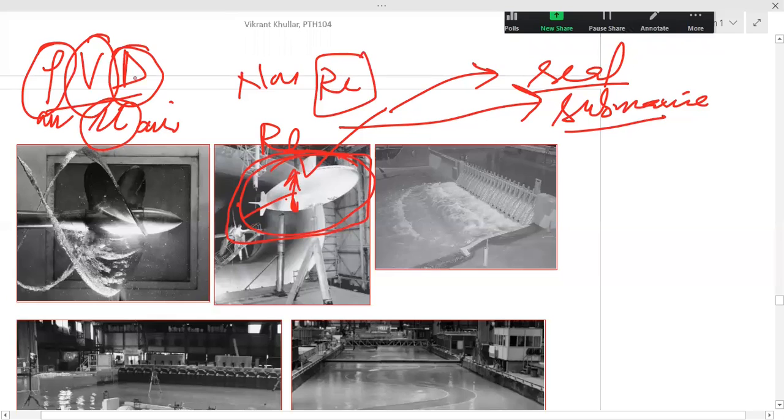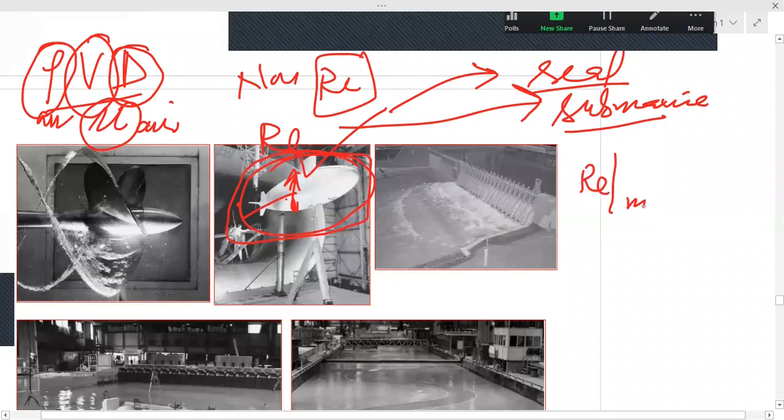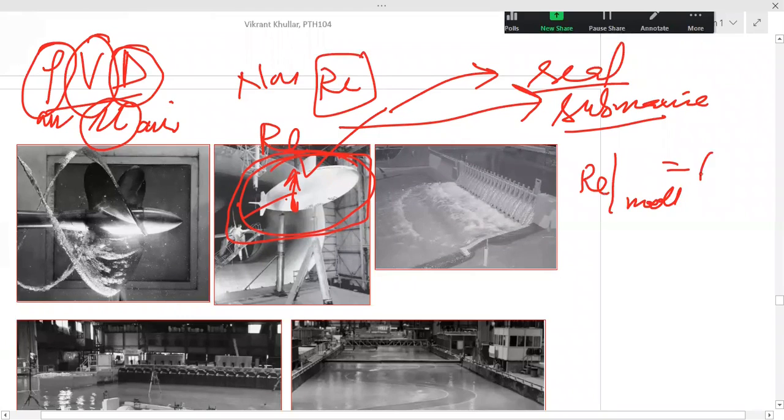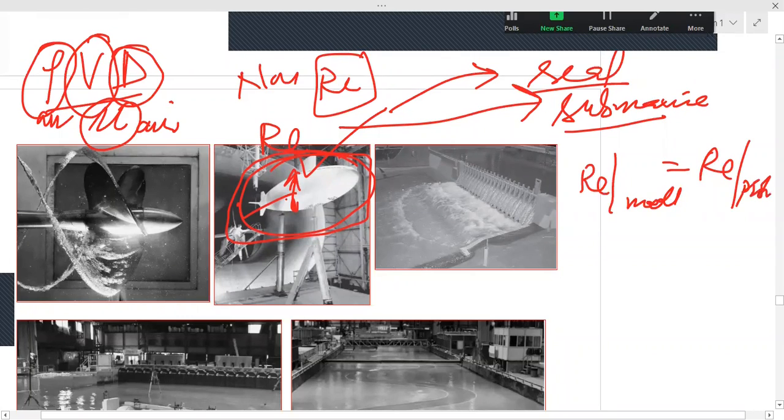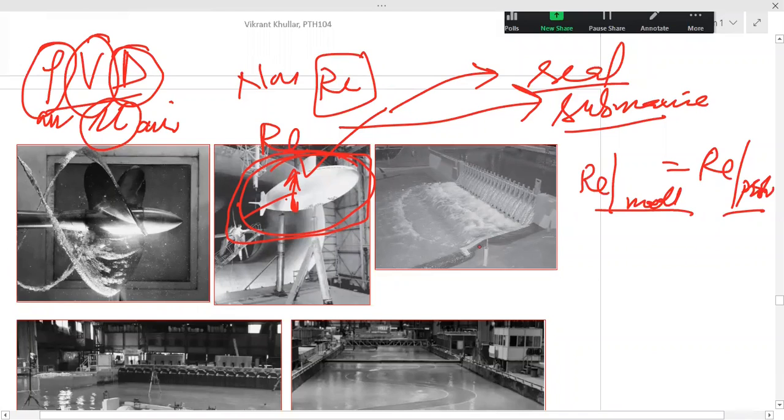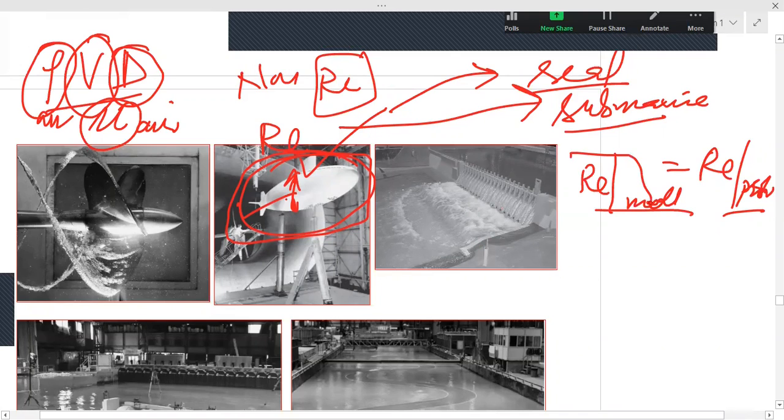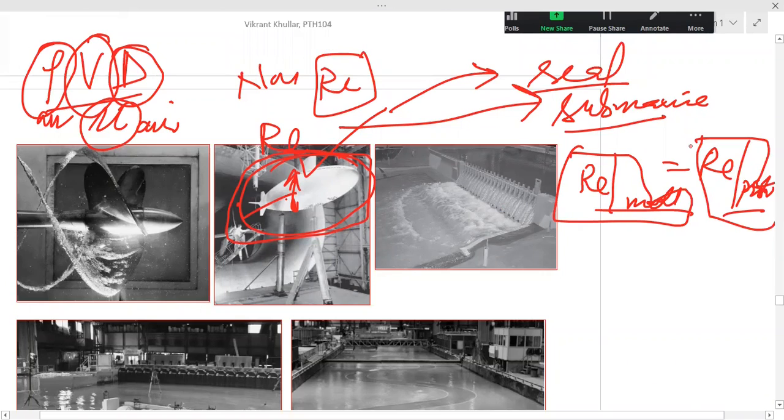This must be some scaled value of D. But what is same is this: Re model is equal to Re prototype. So this is what you tend to make in case of testing of the model. Re model equals Re prototype कैसे हुआ?